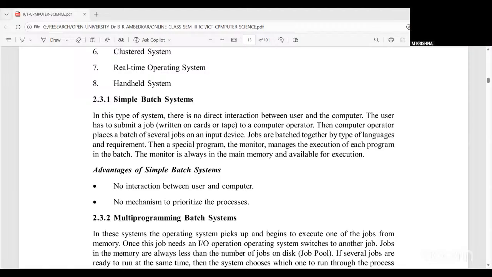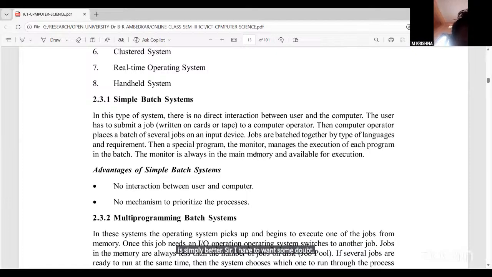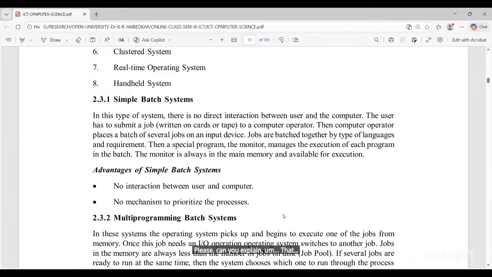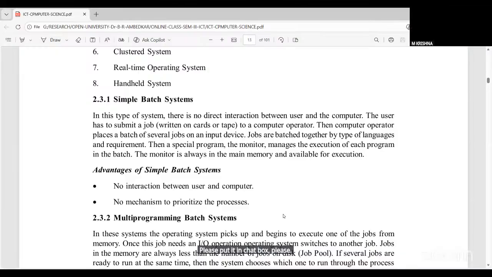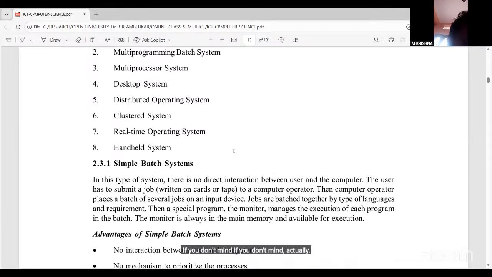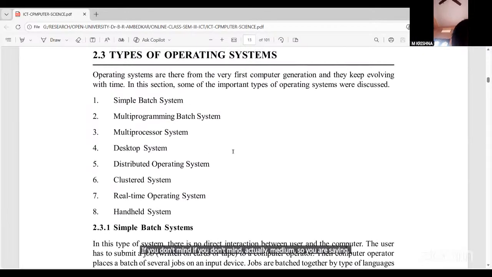Yes, simple batch. Sir, I have some doubt. Please, can you explain that? Please put it in the chat box. If you don't mind, sir, I'm Telugu medium, and you are giving all the explanation in English.